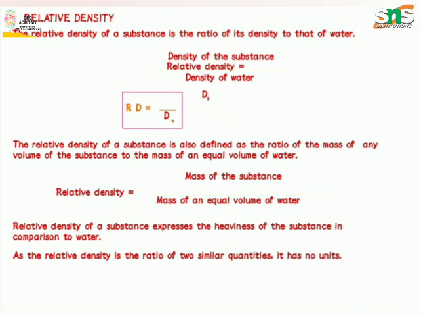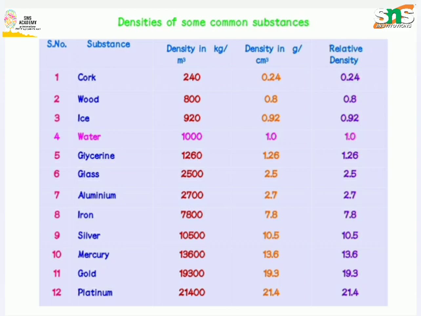So now the last and final topic will be relative density. Relative density is very simple and easy to understand as well. Relative density is the ratio of the density of a substance to that of water. The formula of relative density is density of the substance by density of water. I'll repeat, density of the substance by density of water. So relative density does not have any unit because the formula is density by density, so it will get cancelled since they have the same units.